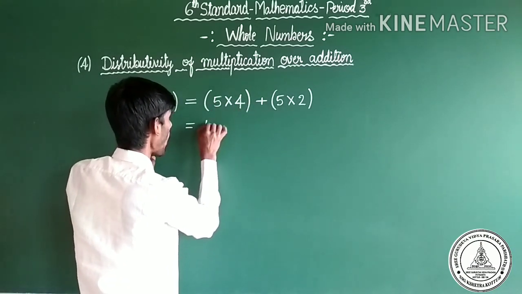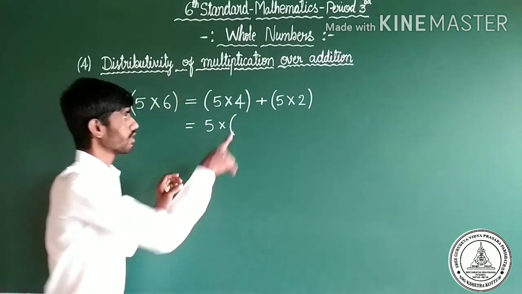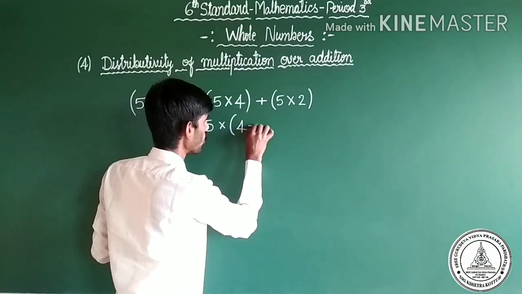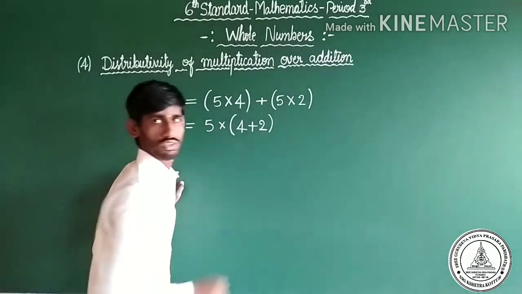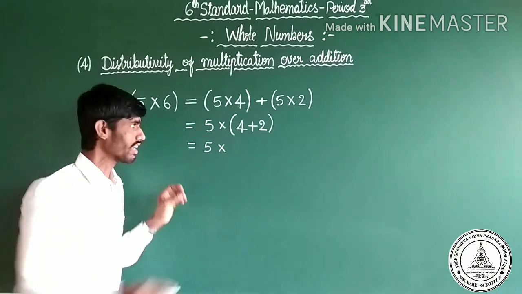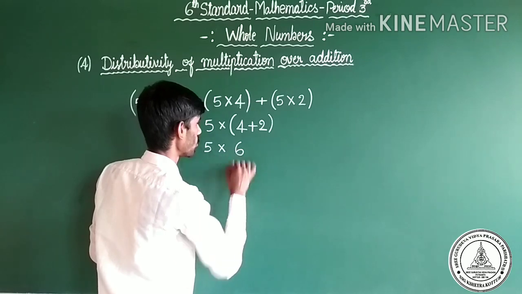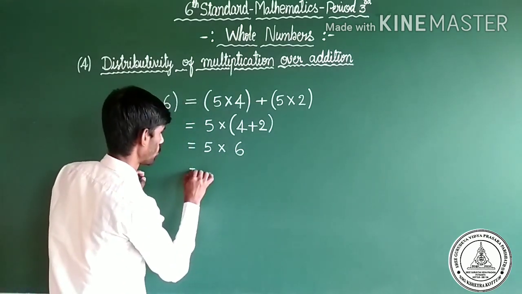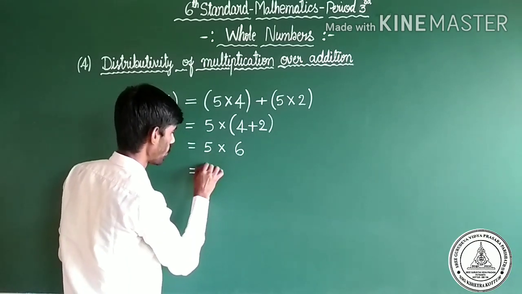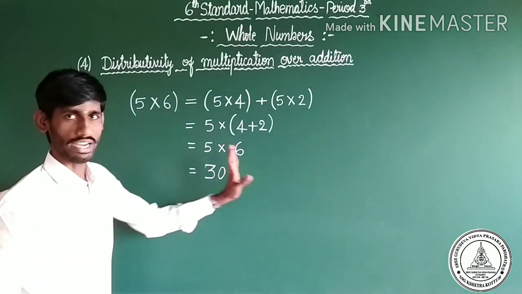You may consider it as common. 5 into, observe here, 4 plus 2, is equal to 5 into 4 plus 2. 4 plus 2 is equal to 6. 6 into 5, or 5 into 6, is 30. Okay, the right hand side is 30.